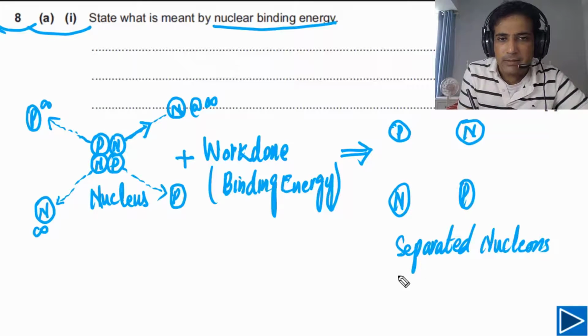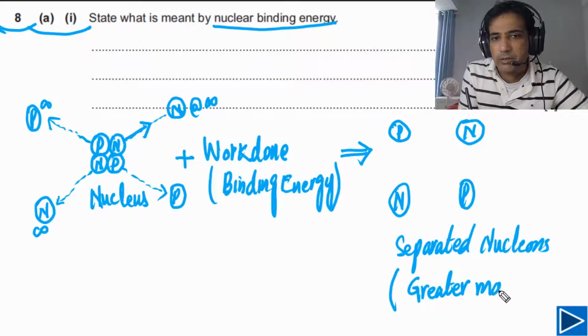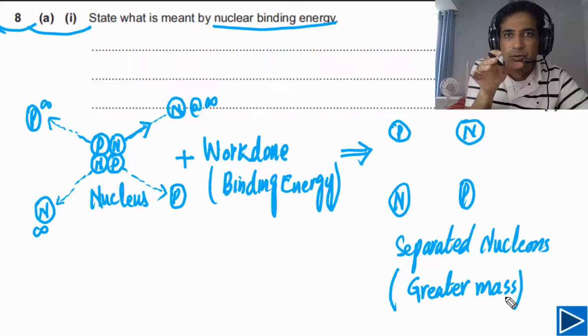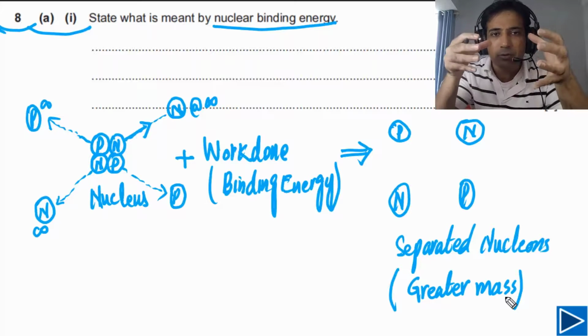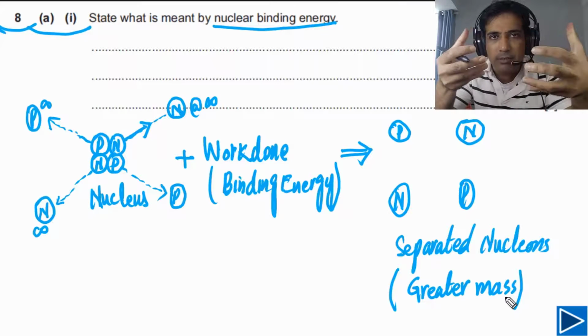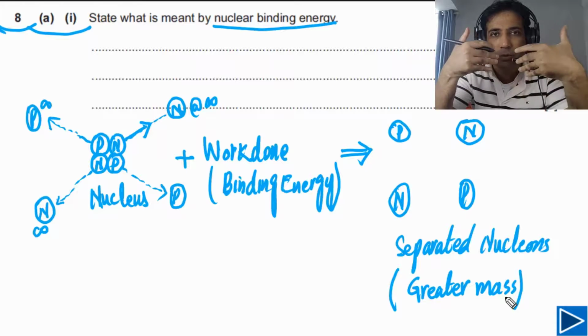The mass of an individual neutron has to be greater than the mass of a neutron in the nucleus, because the work done is the energy given to these nucleons. As these nucleons gain energy, the mass has to increase.